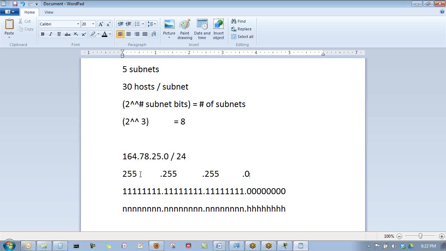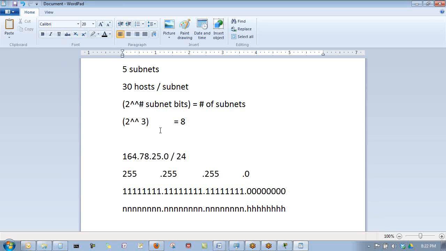Correct. Okay, there it is. The only reason I spaced it out that way, gang, is so that you would see that this 255 represents these ones, this 255 these ones, 255 these ones, and this 0 represents these 8 zeros. Okay? So that's what my ISP gave me.